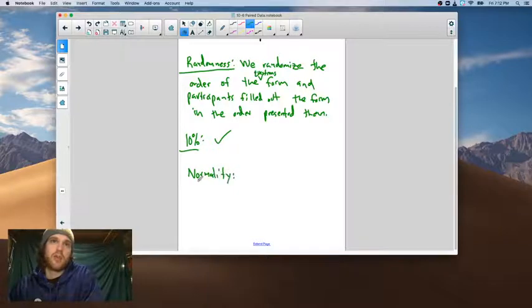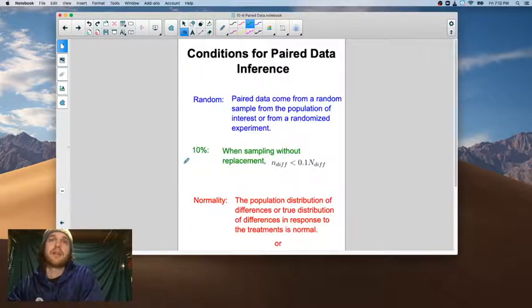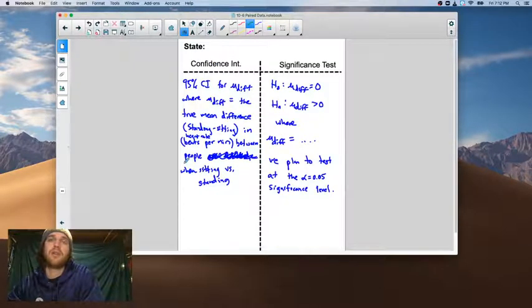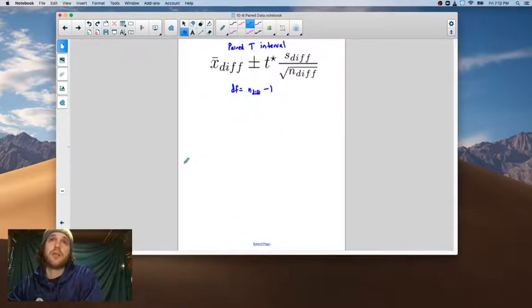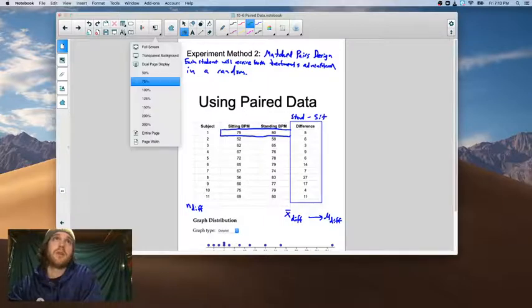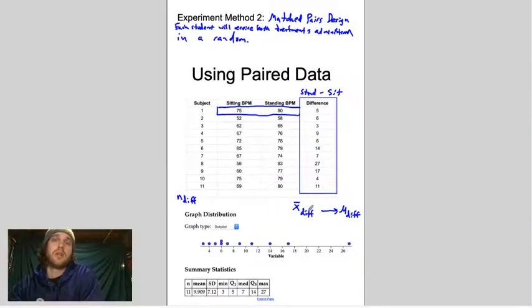The check for normality is next. Let's go ahead and look back at the data. So n sub diff is 11, which means if we look at the data, we see a slight issue, to me.